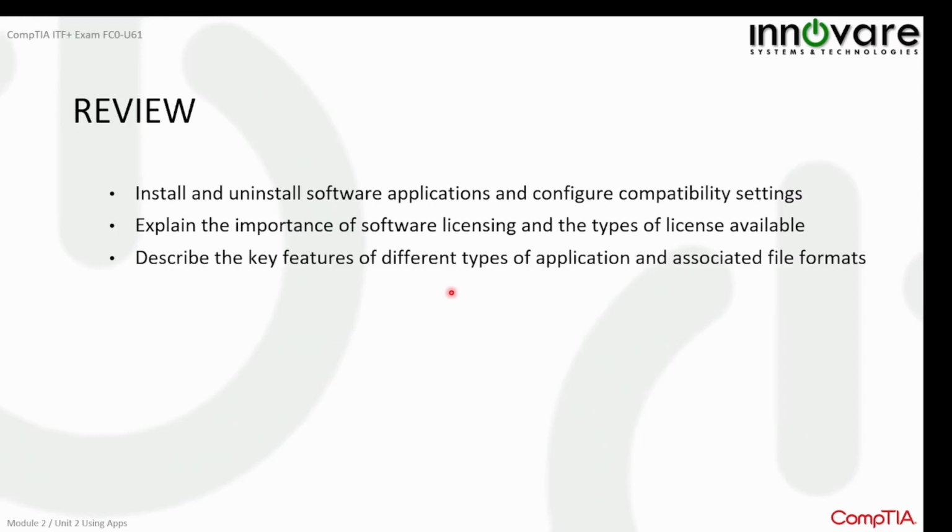So you should be able to describe the features of different types of applications when it comes to file formats. For example, a spreadsheet, a doc, it comes with different file formats.